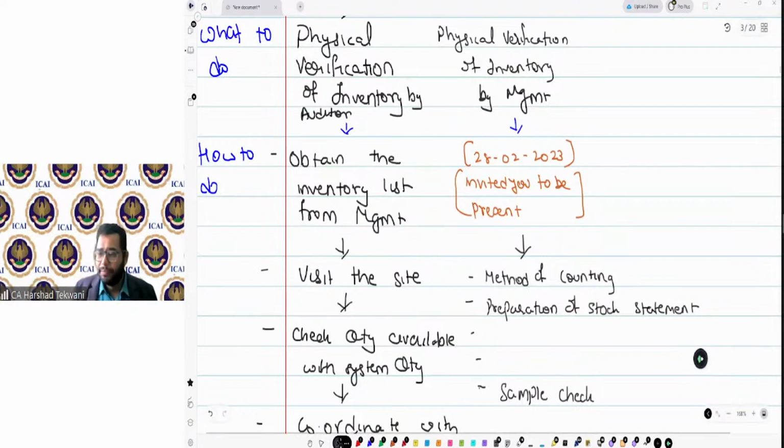Great. What else? Controls adopted. The physical count of inventory by management is in itself a control.